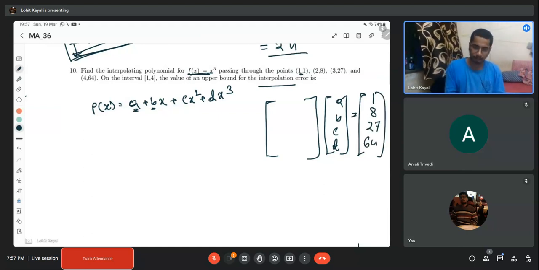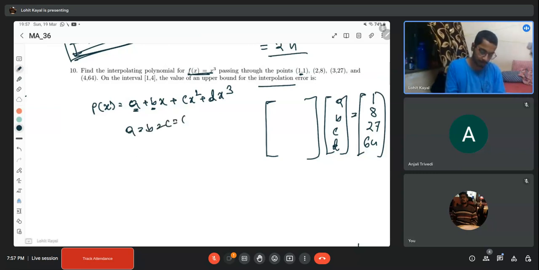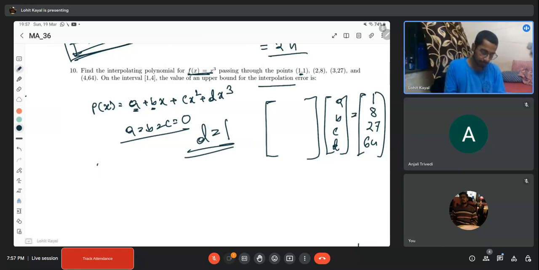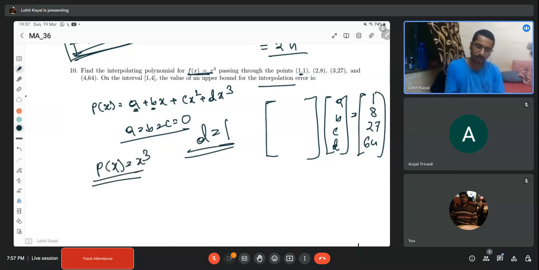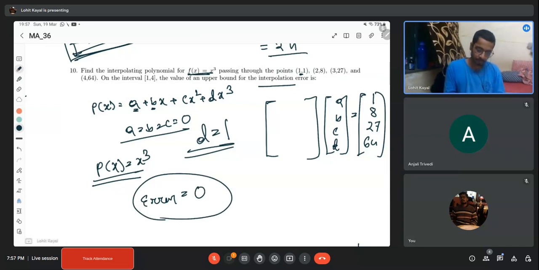If you do the calculation, you will find that A equal to B equal to C equal to 0, and your D will be equal to 1. So this p(x) will be exactly x to the power 3. If you put the values, you will find that this is exactly the curve. So in this case, your error will be equal to 0. You can always find a polynomial like this. Okay, this is the easiest way.